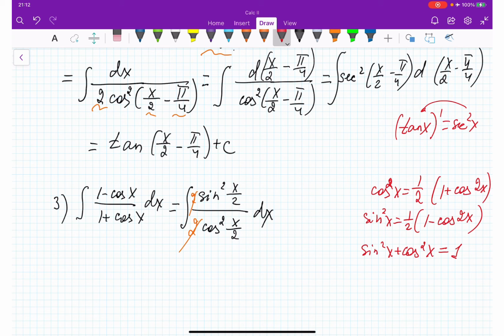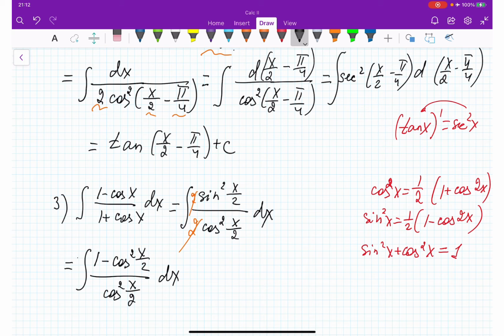So I'm going to write down 1 minus cosine squared half of x, divided by cosine squared half of x. See how beautiful it's coming out? If I separate them, 1 over cosine squared is going to be the secant squared, and cosine squared over cosine squared is going to be 1.